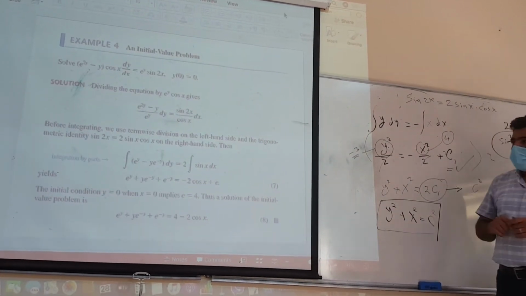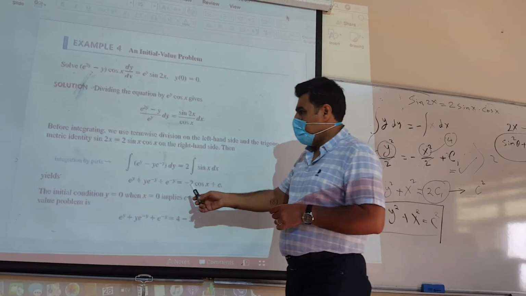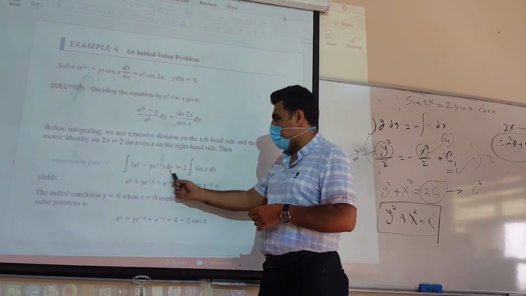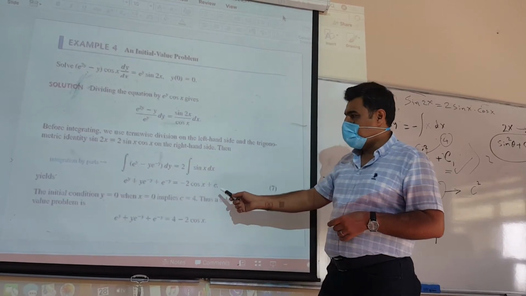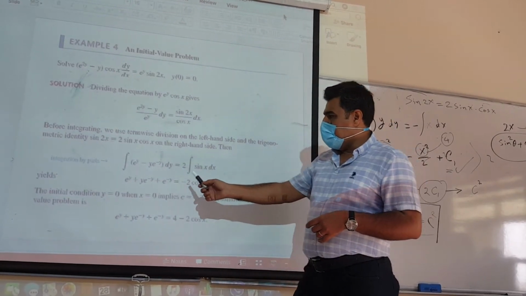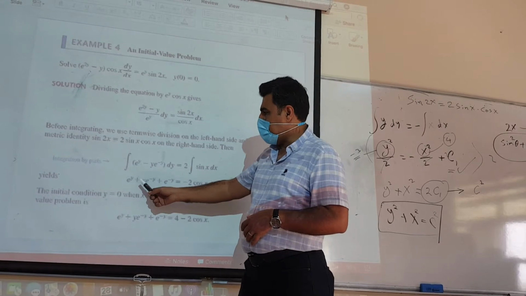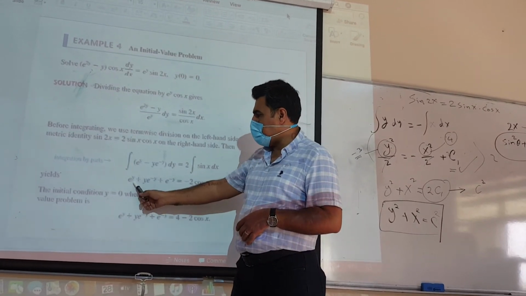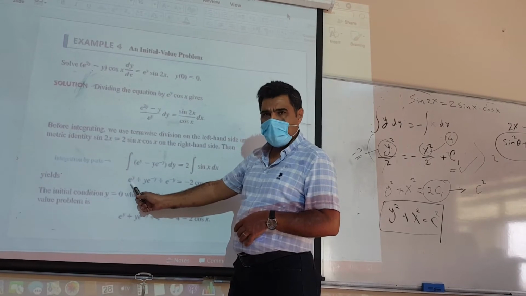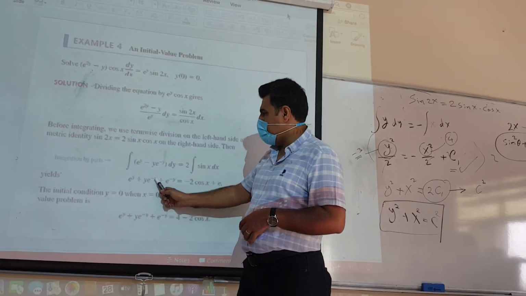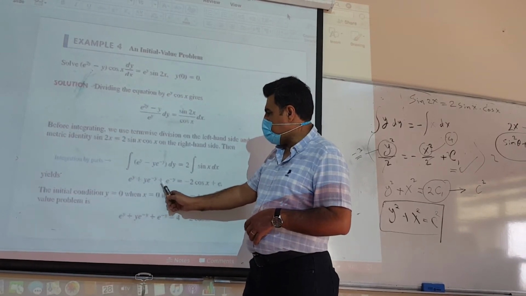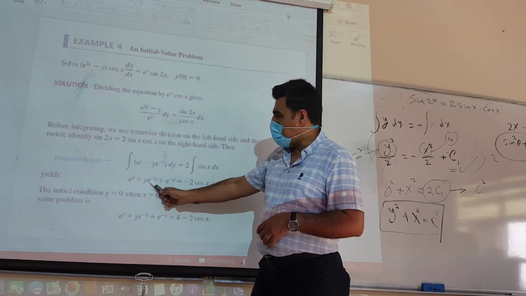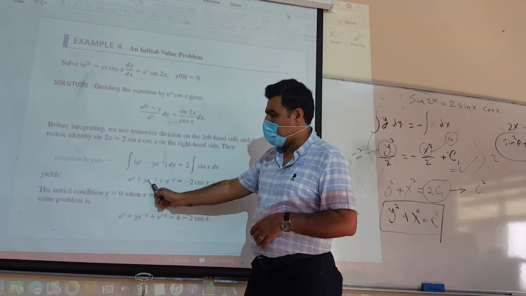Now, if you are taking the integration of both parts, you will get this equation. So, the integration is like dy integration will be e^y, exponential of y, exponential of this part, and then plus, you see, you have two parts.